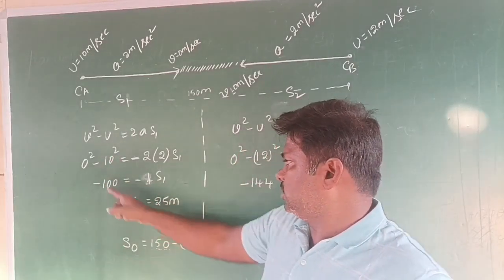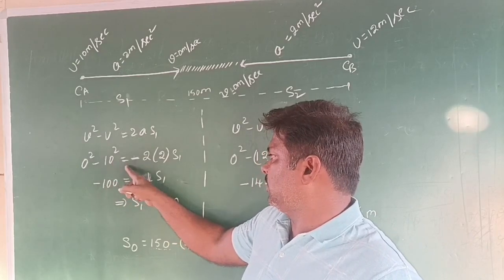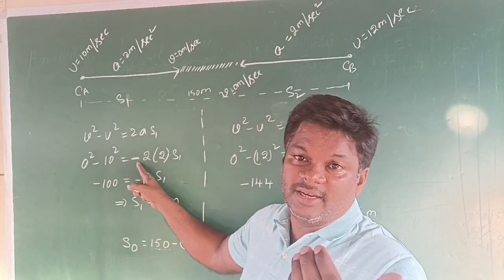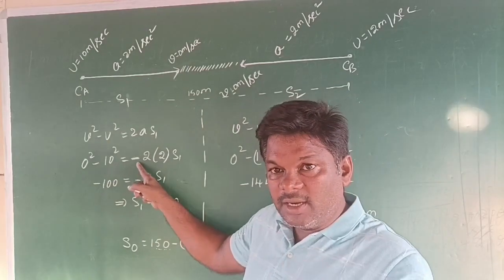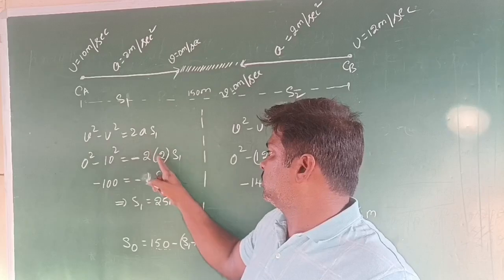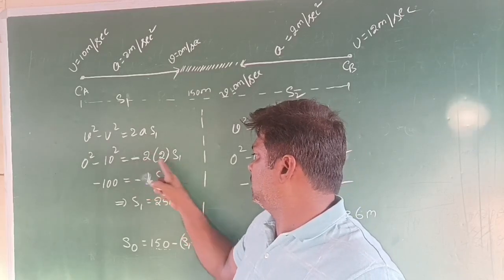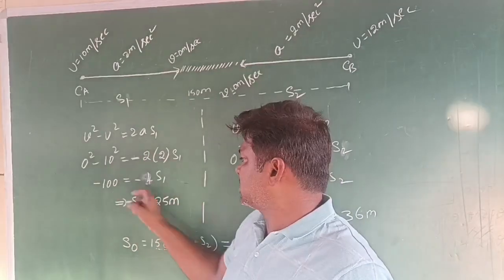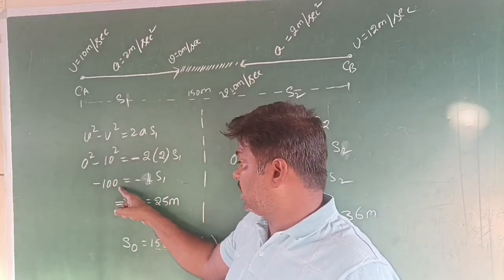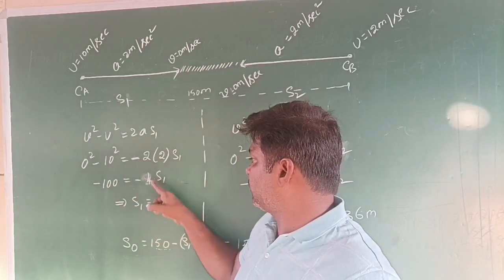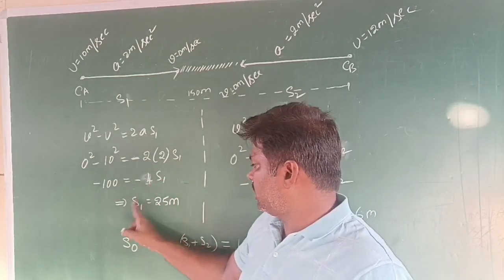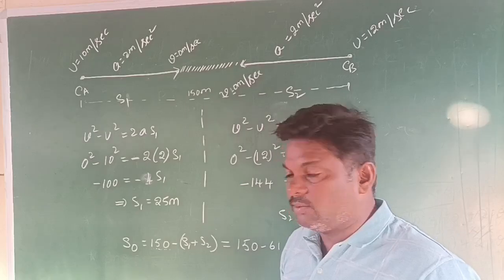So 0 square minus 10 square is equal to 2 into minus 2 into S1. Why am I writing minus here? Because it is under deceleration, a is equal to minus 2. Simplifying, minus 100 is equal to minus 4 S1, so S1 is equal to 100 divided by 4. You will get 25 meters.